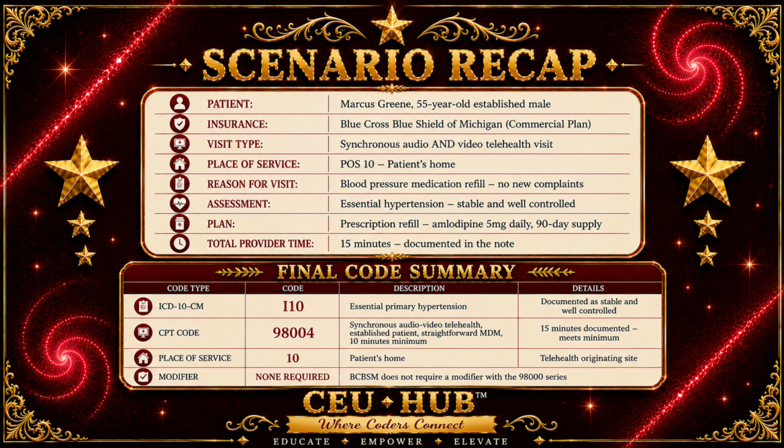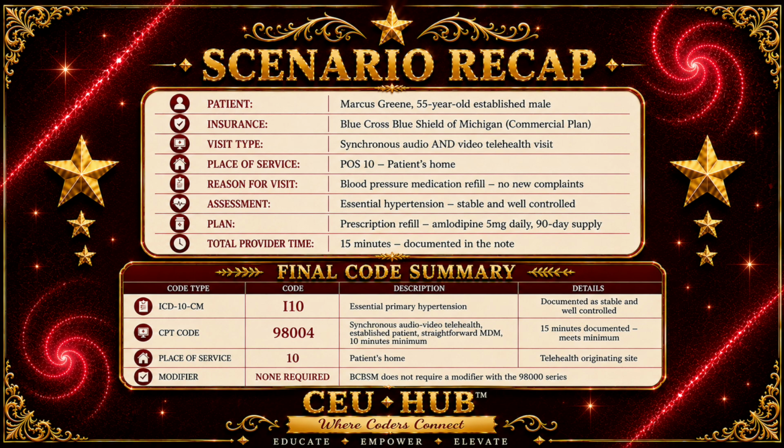Key takeaways. Telehealth coding is payer specific. Always verify payer guidelines before coding. Blue Cross Blue Shield of Michigan requires the CPT code 98000 through 98015 for virtual E&M. 98000 through 98007 is synchronous audio video, but the 98008 through 98015 is synchronous audio only. 98004 is our established patient audio video, straightforward, 10 minutes minimum.